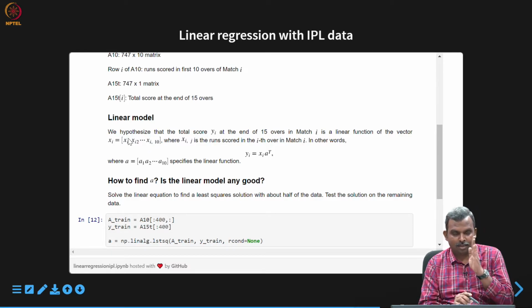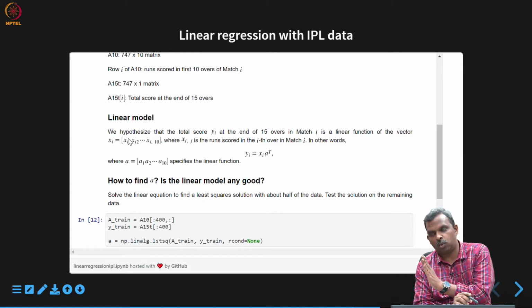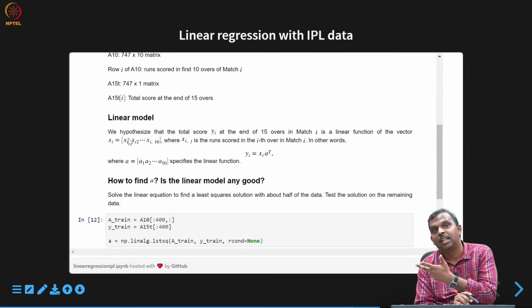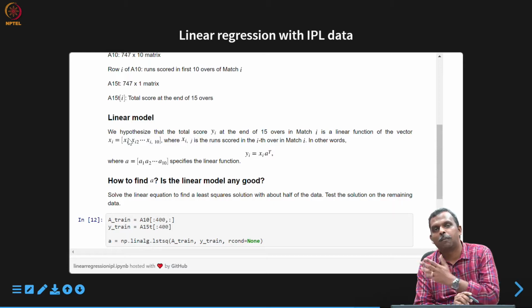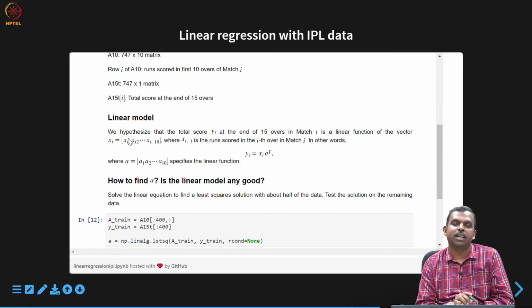So I take the number of runs scored in each of the first 10 overs, and then I want to project, or guess, or predict what will be the total score at the end of 15 overs. Okay, so I don't know what's going to happen in the next 5 overs, but still, can I, using this data, come up with some estimate for what will be the total score at the end of 15 overs? Okay, so I'm going to hypothesize that that will be a linear function.